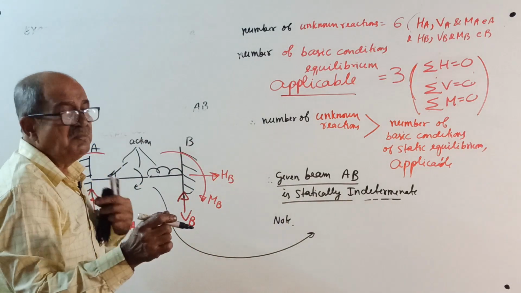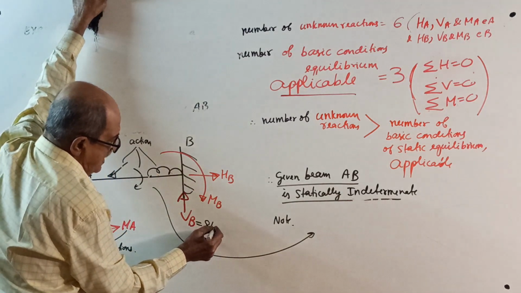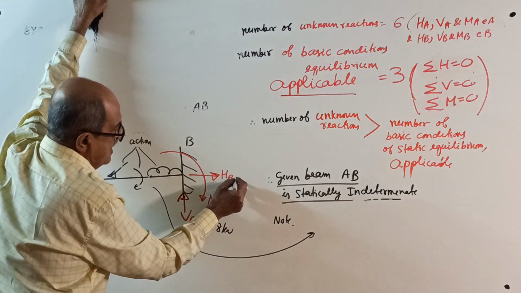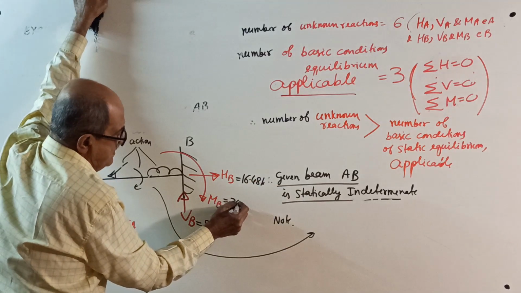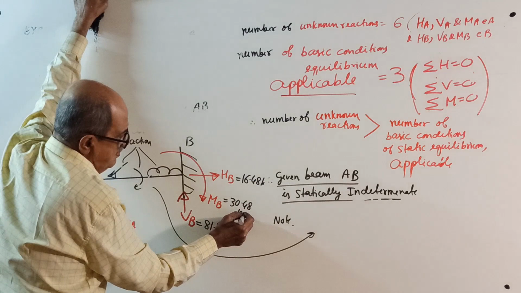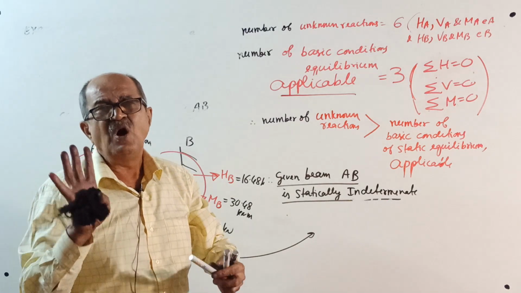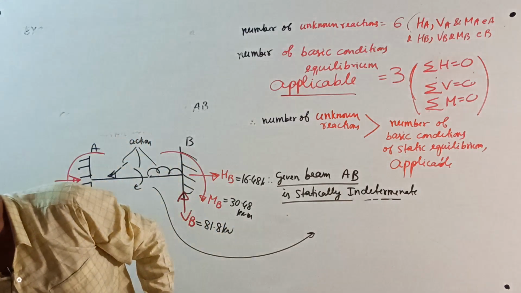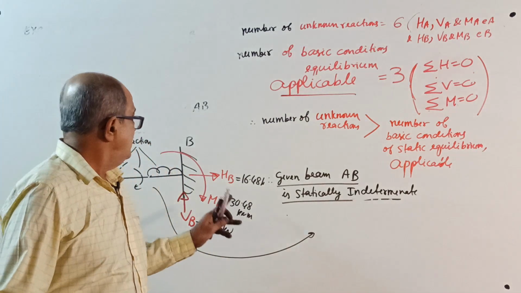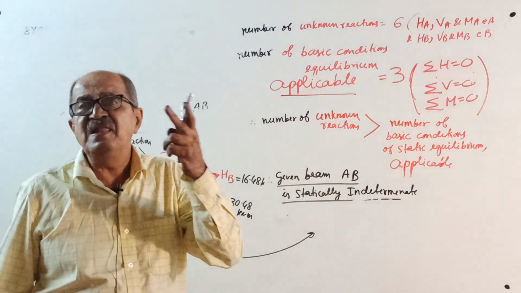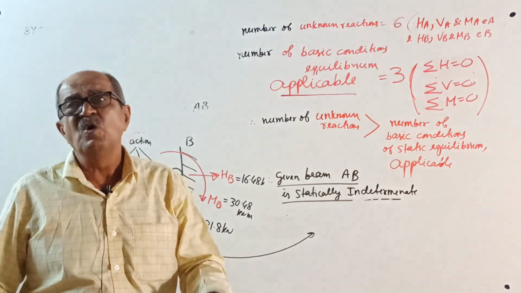By chance, somebody will come and tell you your vertical reaction is 81.8 kilonewton, horizontal reaction is 16.48 kilonewton, MB is 30.48 kilonewton meter. You ask him, how did you get that? That is not your problem. You ask him once again, have you used any equilibrium condition? No. So that means he went for analysis of a statically indeterminate structure, some method, and he got the answer.